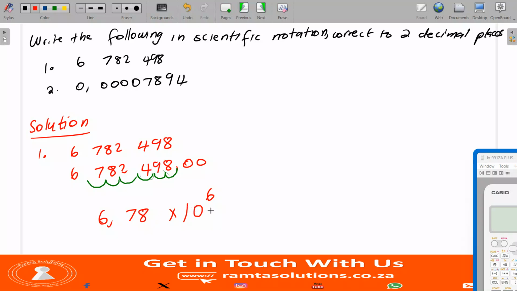If you like, before we round off, you can say this is 6,782498 times 10 to the 6. But because we are rounding off to 2 decimal places, we say 6,78 times 10 to the 6.